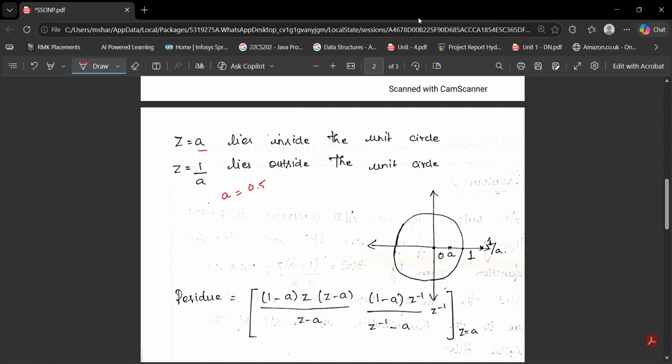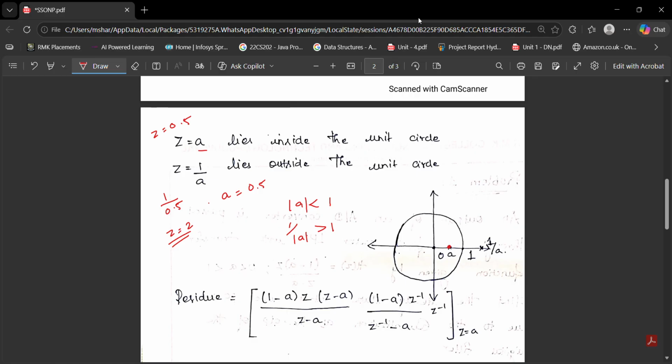In such case the z value will be 0.5. If I put it as 1 by 0.5, it will be z is equal to 2. So what I can conclude here is that the mod of a will always be less than 1, and 1 by mod of a will always be greater than 1.